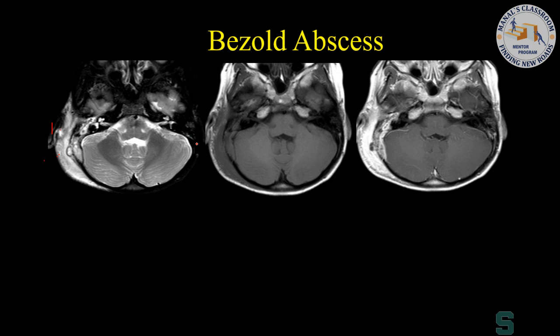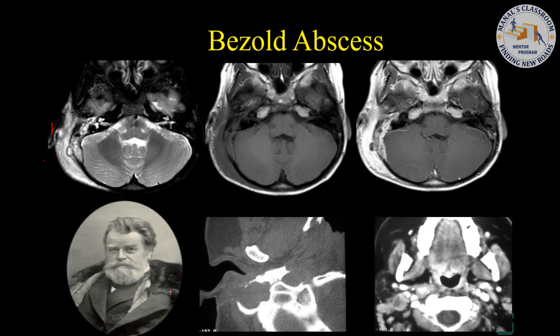So have you ever heard of Bezold's abscess? This is Frederick Bezold, right? Okay, you can go and read about him, right? So what Bezold's abscess is, is an infectious process involving the temporal bone that initially was described extending inferiorly to result in an abscess of the sternocleidomastoid muscle.